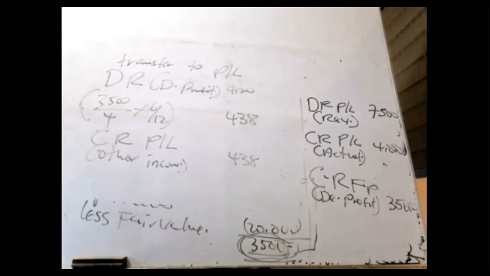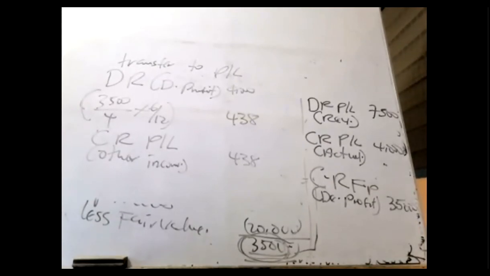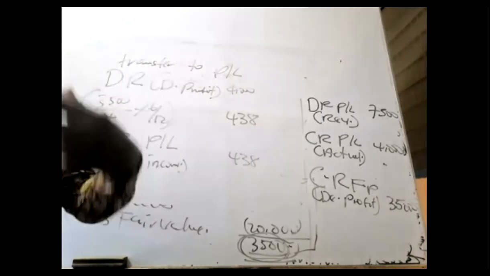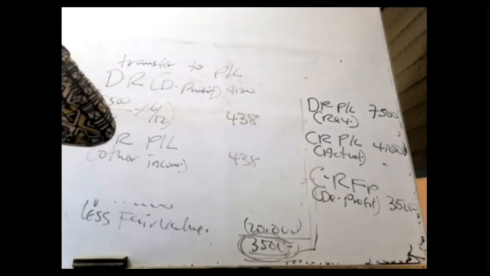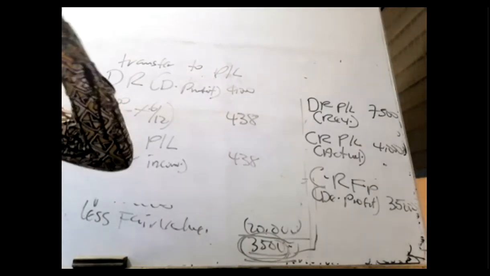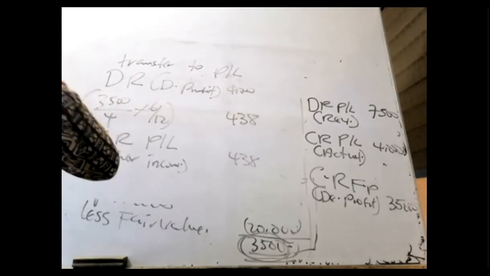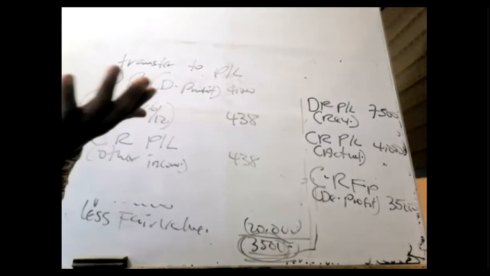Where there's no sale, if the transfer does not satisfy the requirement under IFRS 15, the seller continues to recognize the transferred asset and treats the proceeds as a financial liability. And here you can use IFRS 9 to account for it. The financial liability. Good.